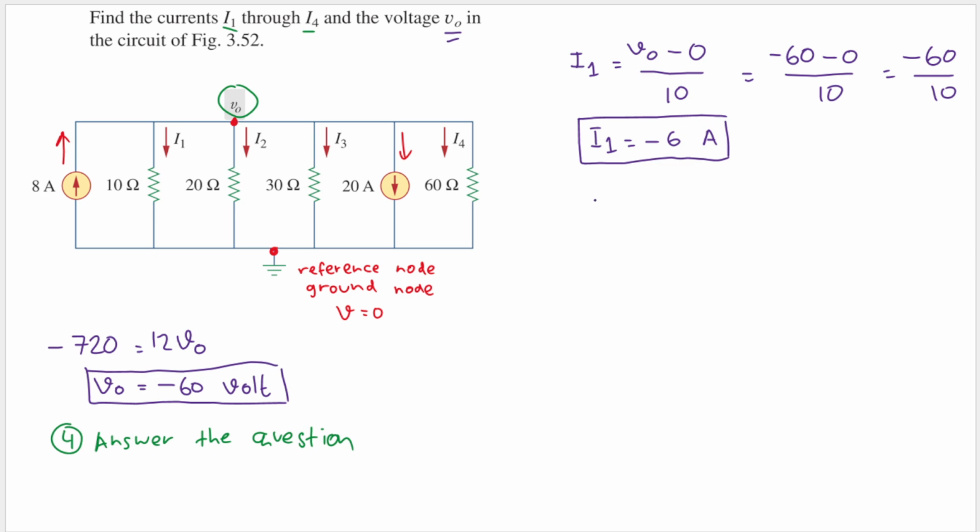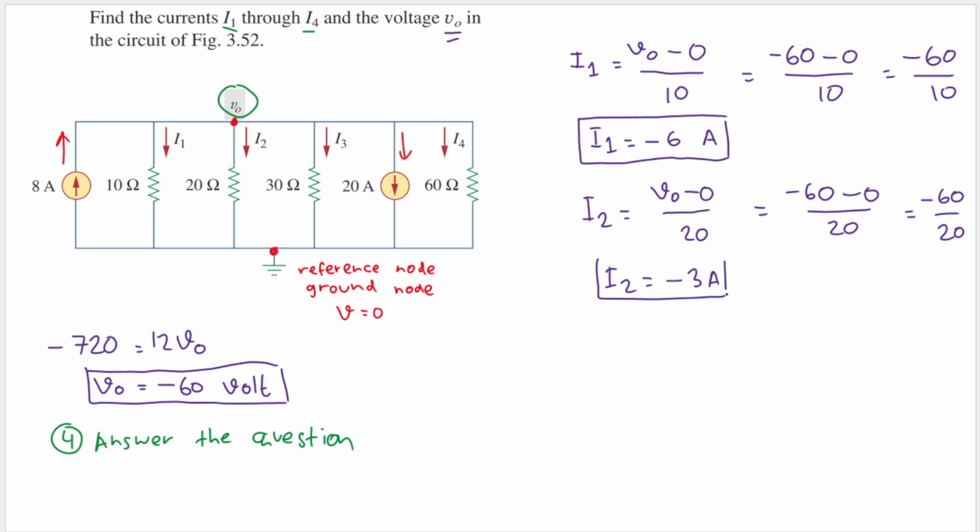Now do the same for I2, I3, and I4. I2 is V0 minus 0 divided by 20, so minus 60 divided by 20. Therefore I2 is equal to minus 3 ampere.